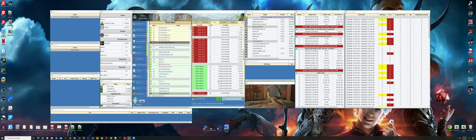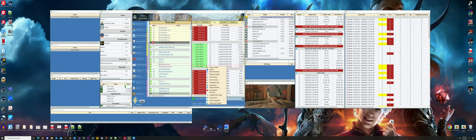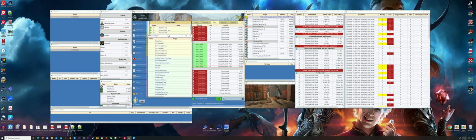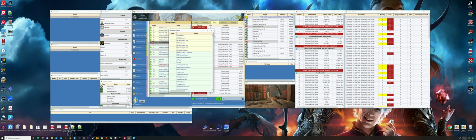All right, so over here, I can take a look at what I call required plugins. All this does is look at a game save, because in a game save there's data that has the plugins that were active when that game save was created. You can see none of mine are grayed out because all of these files are currently active in my load order.